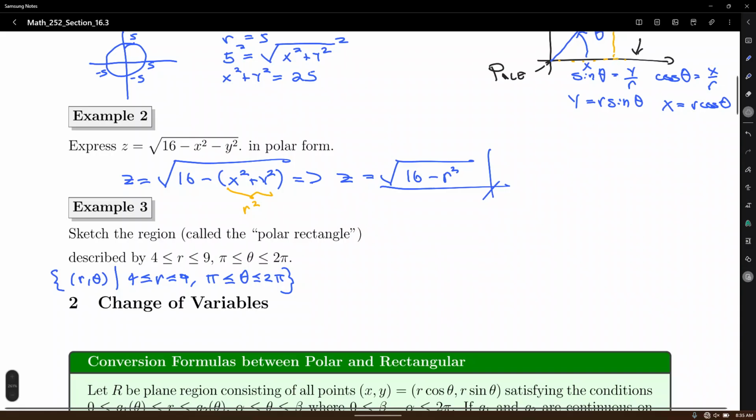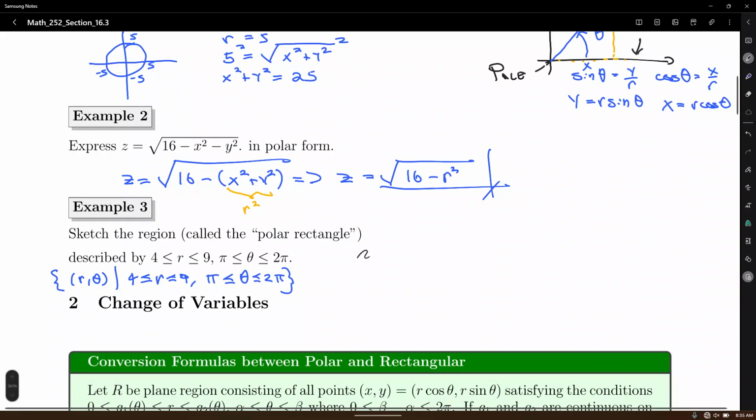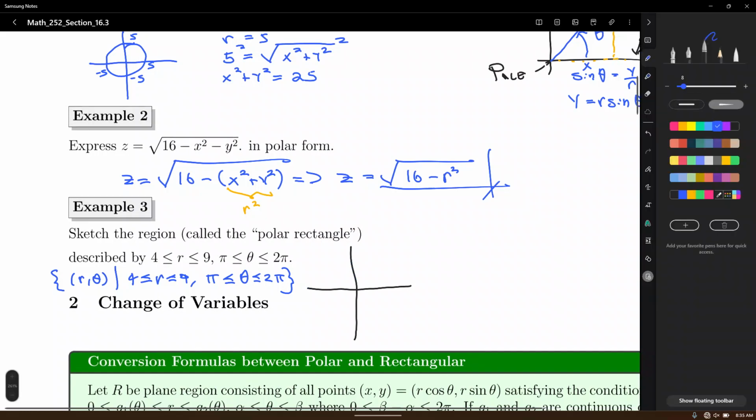So here is the thing. Okay, let me plot this. There's a circle of radius 4 and radius 9. So that's radius 4 and that's radius 9. All right? It looks a lot like a donut here.